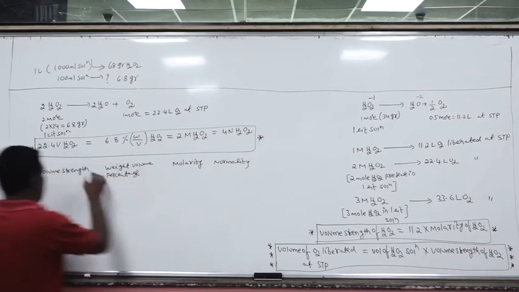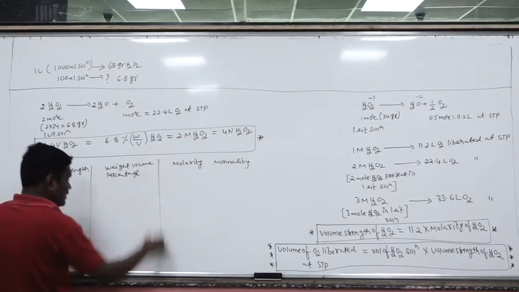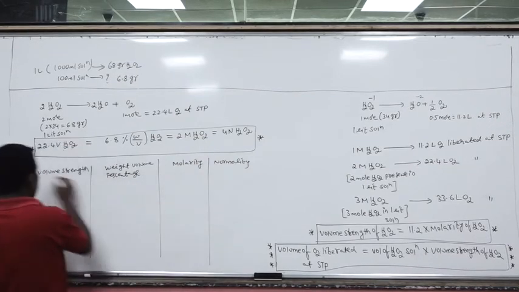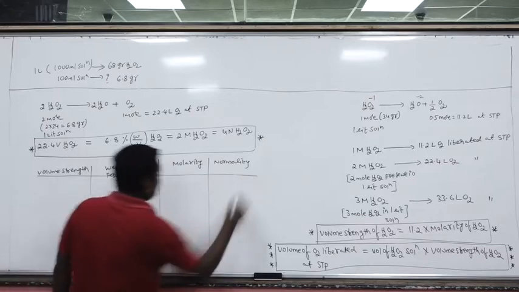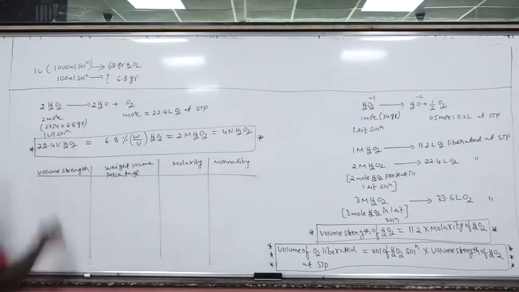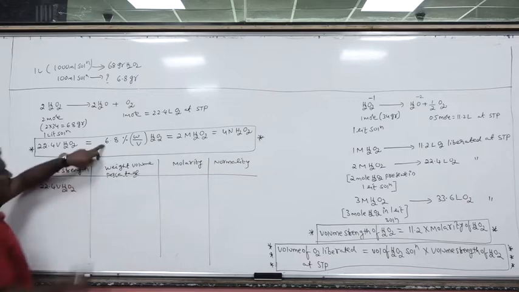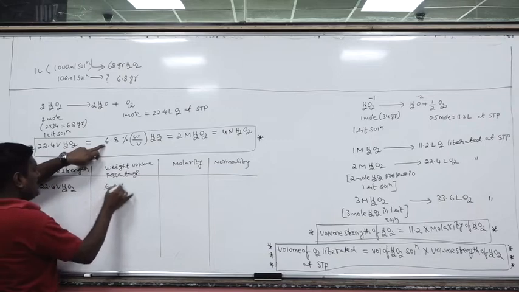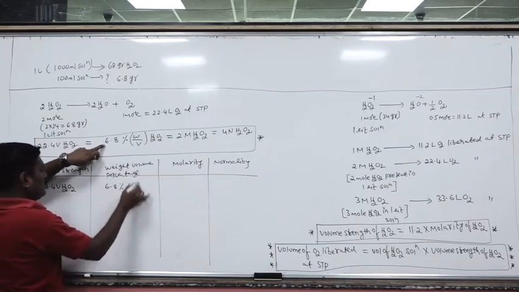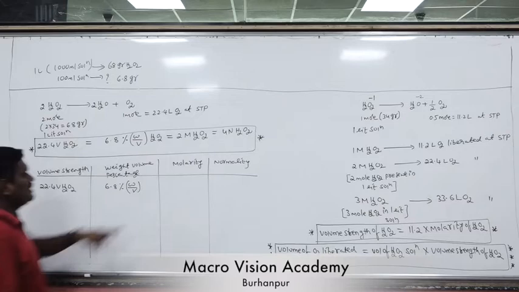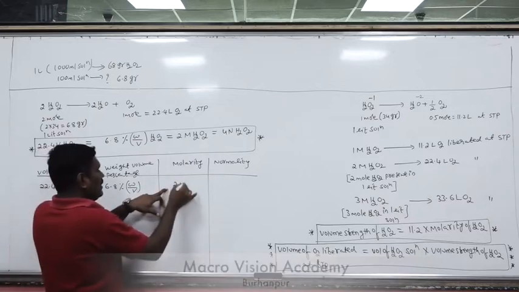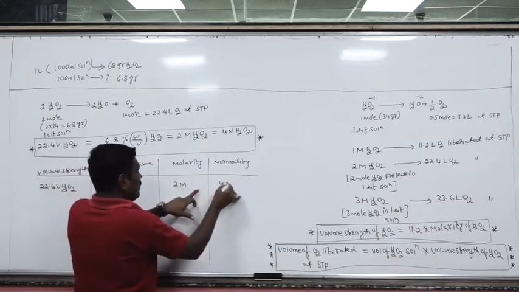Just by the unitary method we can solve this. Okay, you just have to know any one relation. Let's suppose I have 22.4 volume strength of H2O2, which corresponds to 6.8% W by V H2O2 solution. Okay, this will correspond to 2 molar, this will correspond to 4 normal.